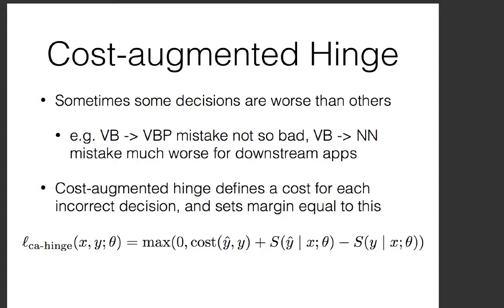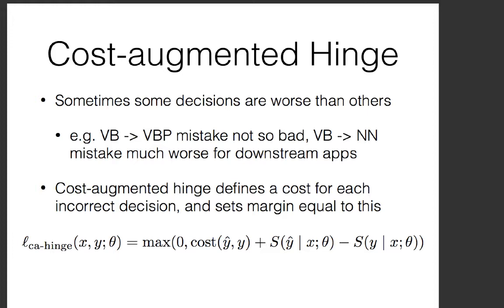So based on this, let's say we have VB, VBP, and NN, and the original scores are 5, 4, and 3. And then we also have our cost. Obviously the correct answer has a cost of 0.